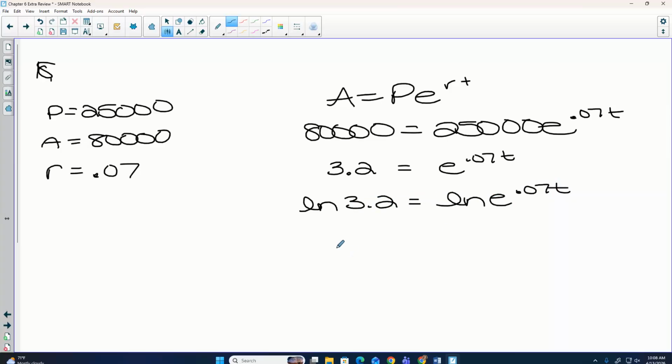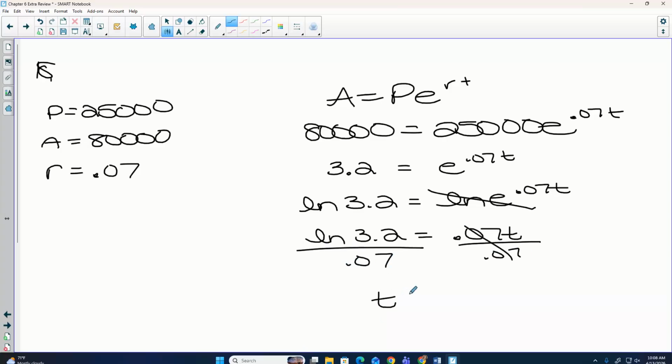Okay. So I have the natural log of 3.2. Over here, the exponent comes down. And the natural log of e just cancels out, so that's gone. So we divide by the 0.07. We get 16.6164 or 16.6 years.